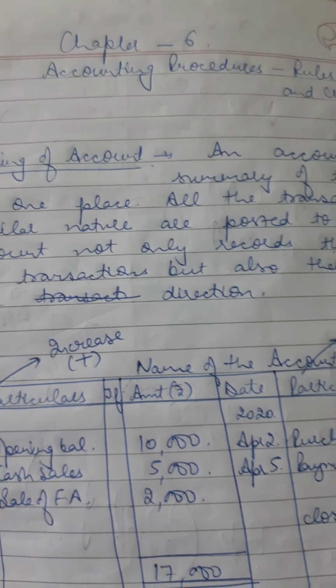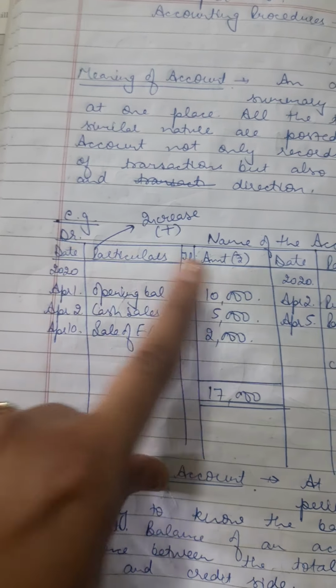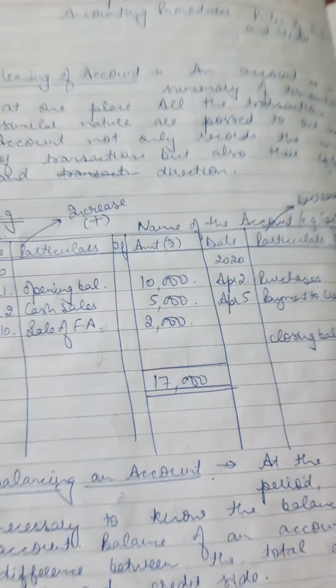An account is always in T shape, in T form, and the commonly used layout of an account is as follows. So students, I have taken an example. For the format, an account is always divided into two parts. One is debit side of the account and other is credit side of the account.